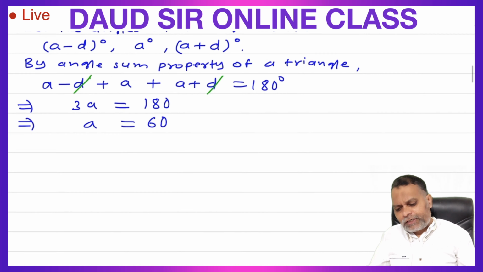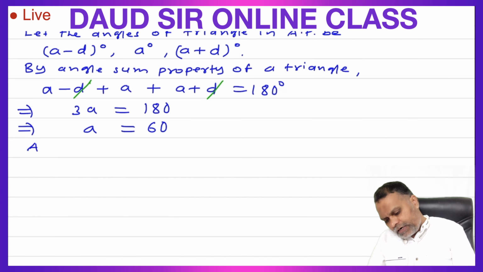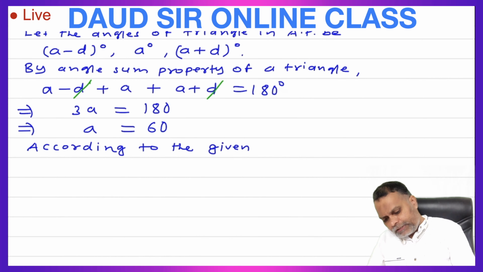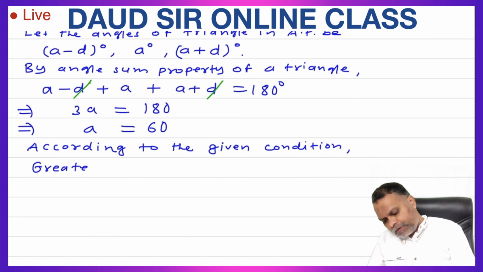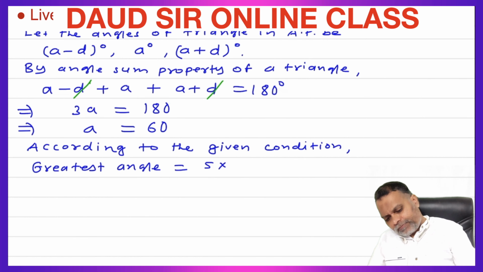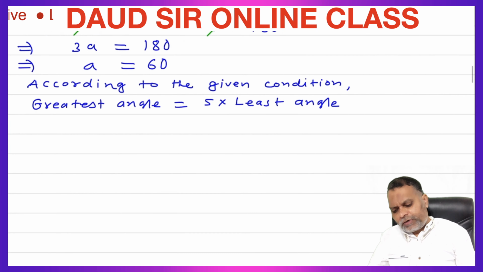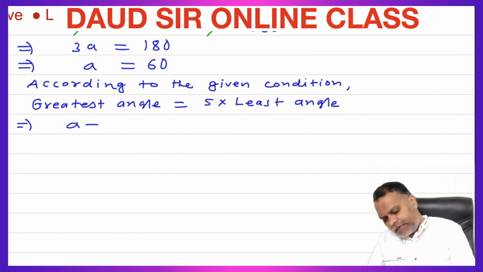Now according to the given condition, greatest angle is equal to 5 times the least angle. So greatest angle is a plus d here is equal to 5 into least angle a minus d.